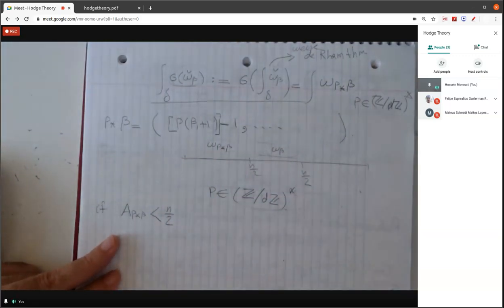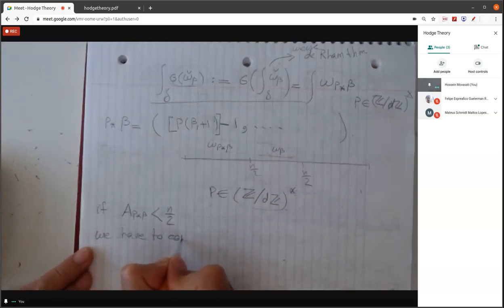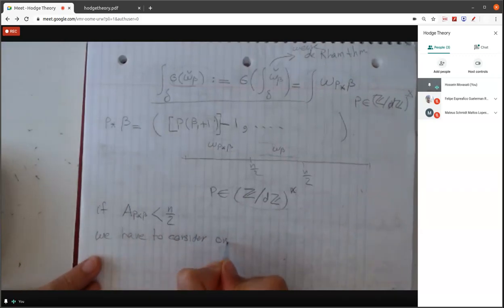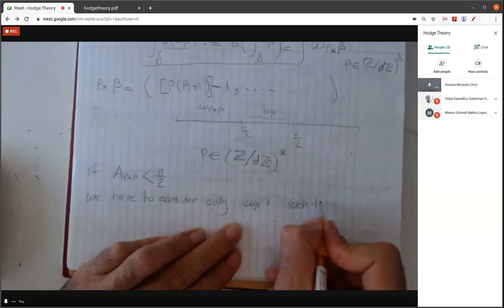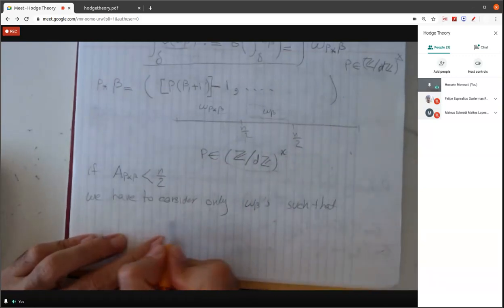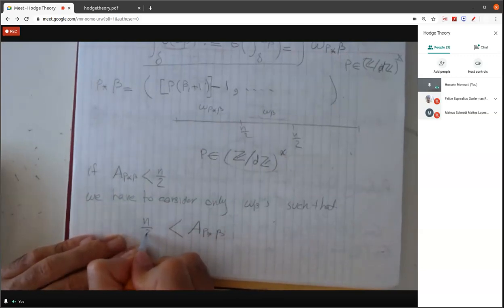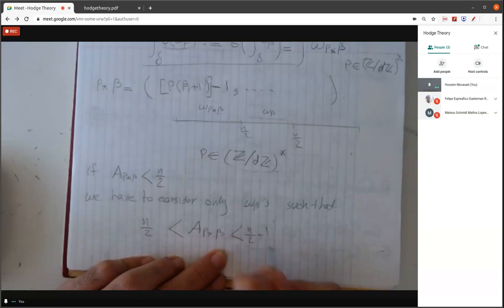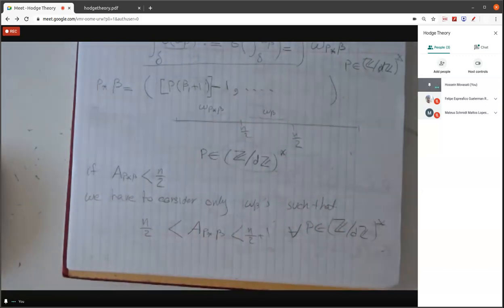This means that we have to consider only omega betas such that p star beta is between n half and n half plus 1 for all p in Z over dZ invertible element, and of course 1 is there, and then beta itself.